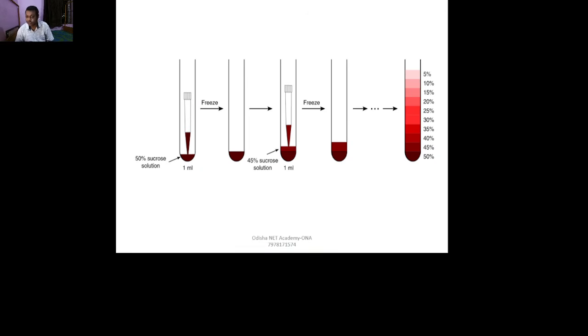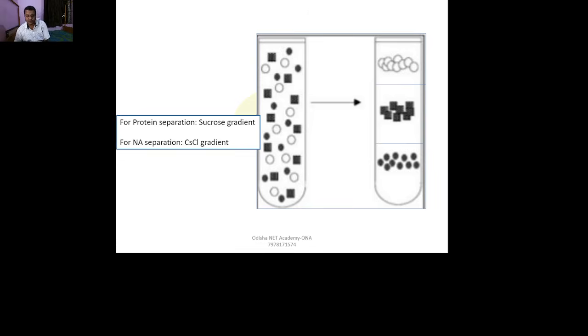So in this way you can prepare, suppose, a 50% sucrose solution, then put 45%, then 40%, 35%, and so on. So this is the density gradient preparation. As I have already told you, for protein separation we use sucrose solution, and for nucleic acid separation we use cesium chloride solution.